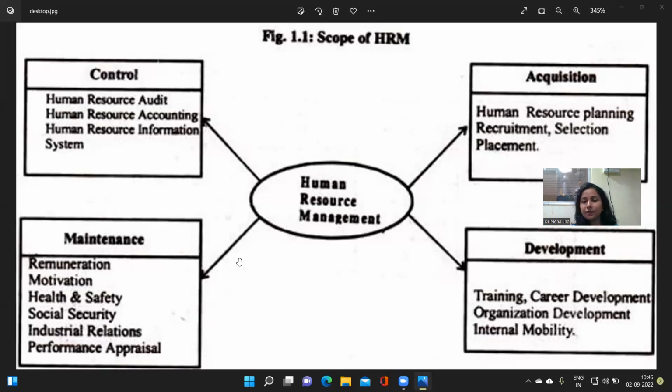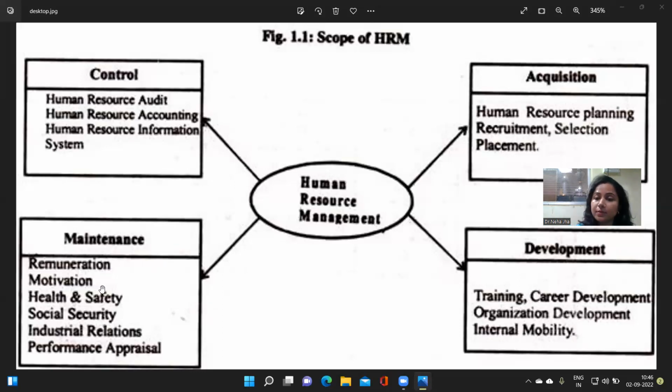The next one, after development, is maintenance. Now, what is maintenance? When we hire any particular employee, particular candidate, obviously we need to maintain them. It means we will have some cost towards it. Among them, a few are remuneration. Remuneration is the salary we are giving to the employees.